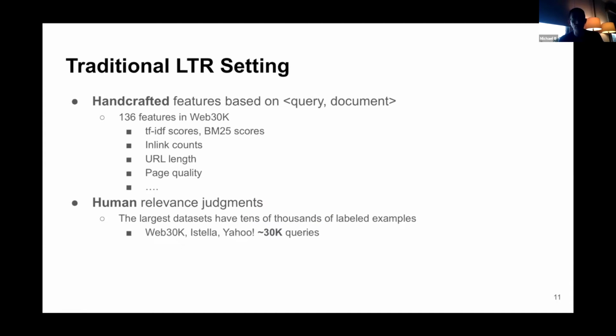They're numerical. You encode each query-document pair using these numerical features, and then you create human relevance judgments for these pairs. The large datasets that are openly available, like Web30K, Yahoo, Istella learning to rank challenge datasets, are all around 30,000 queries. So there is a limit to this approach because you can't manually label millions or billions of examples.